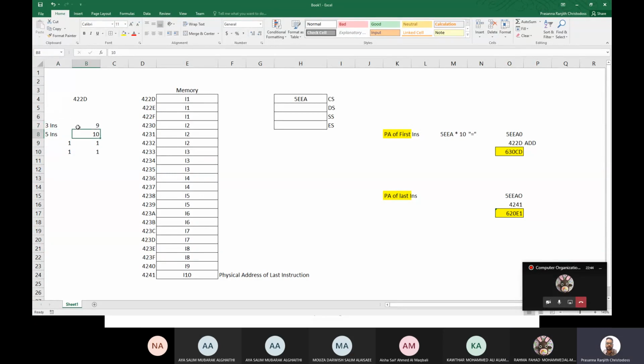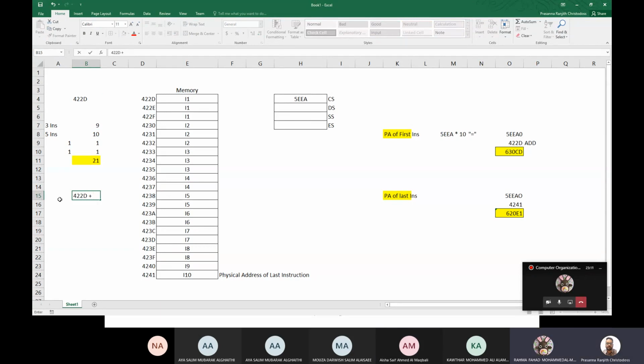The next one is 5 into 2, 10. So total how much? 19, 20, 21, right? Total 21. So what you do is add 422B plus how much?